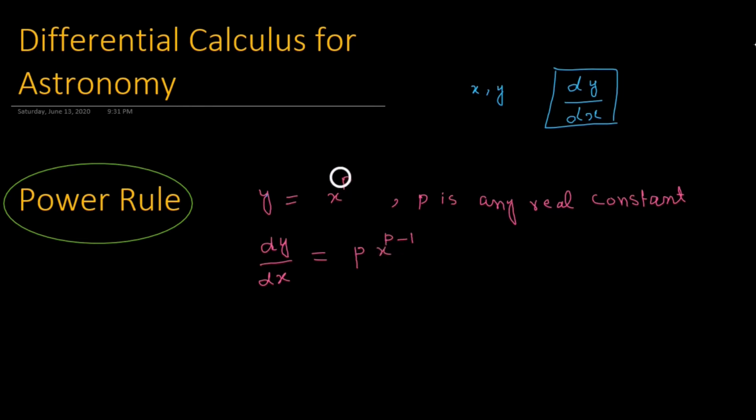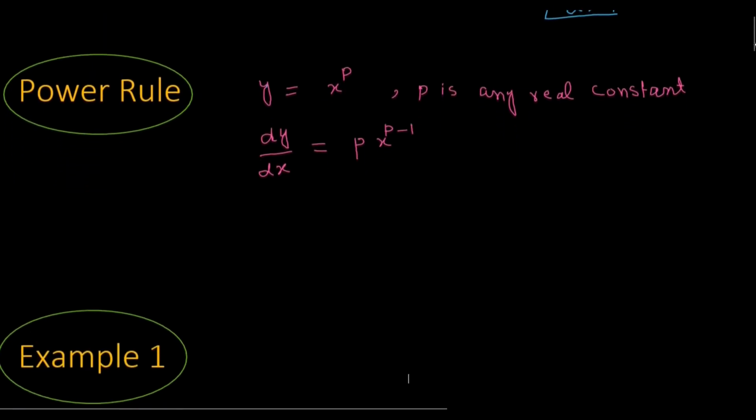In the power rule we take the power before the term, and then, from the power of the variable, here x, we subtract 1. This is called the power rule of differentiation. Let me take an example to understand the power rule.